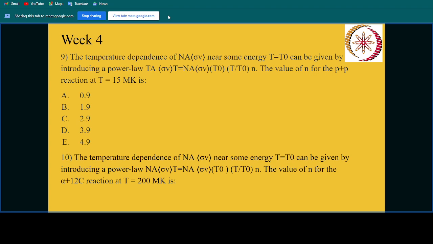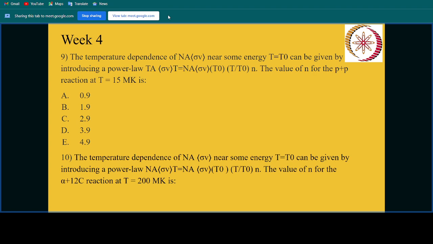Now the question is, what is the value of n for the alpha plus 12C reaction at T equal to 200 megakelvin?